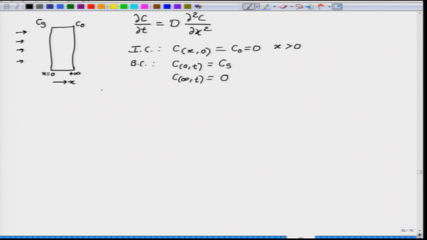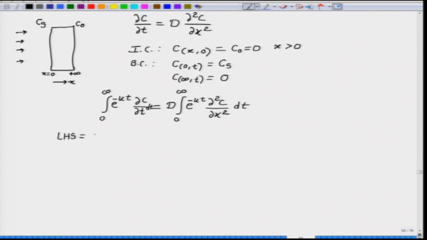If in the diffusion equation we multiply both sides by e to power minus k t and integrate from 0 to infinity, D is constant, so let us take it out of the integral: integral 0 to infinity e to power minus k t dou 2 c by dou x 2 dt. Let us first solve the left hand side.